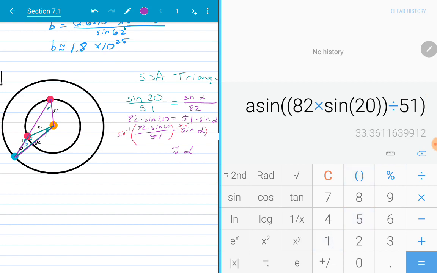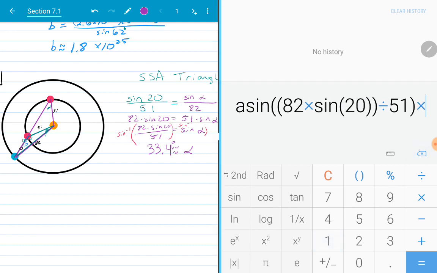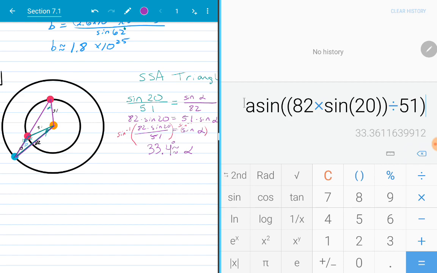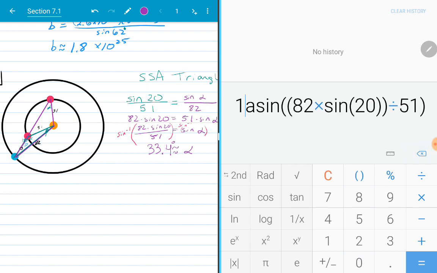That gives me an angle of about 33.4 degrees. So that purple triangle has alpha equal to 33.4 degrees. That means the green triangle is going to be the supplement of that, so 180 minus that. I'll leave that in the calculator so I get an exact number. Why is it giving me multiplication?